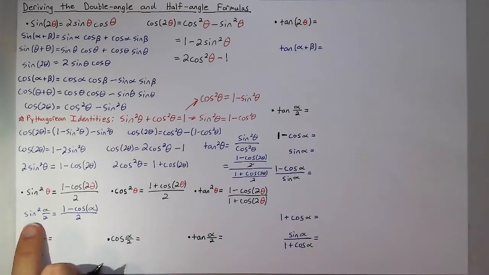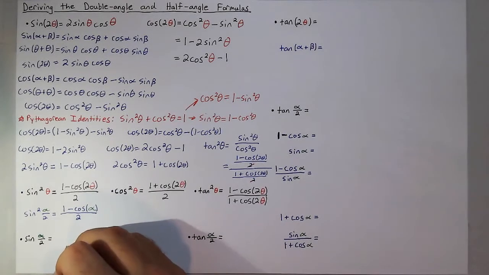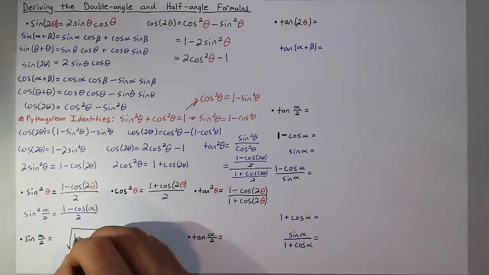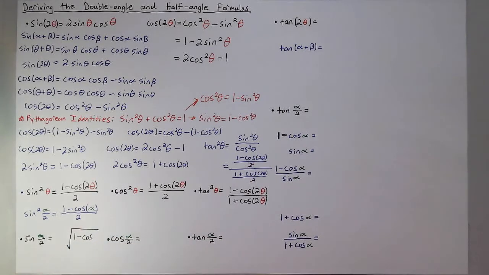And then simply by taking a square root of both sides of this equation, I'll get sine of alpha over 2 is equal to the square root of 1 minus cosine of alpha all over 2.